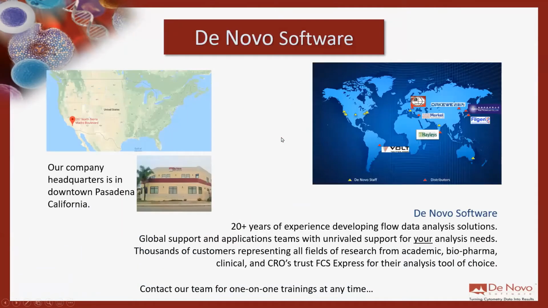Novo software, the company developing FCS Express, is based in California, in sunny Pasadena. We are about 25 people specifically devoted to developing FCS Express, so we're not doing anything else. We have 10 application specialists like me, spread in 5 different time zones around the world.